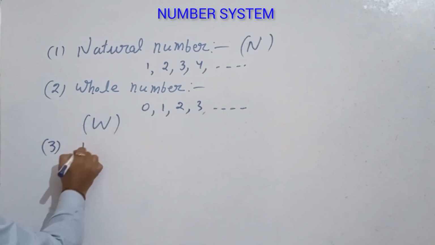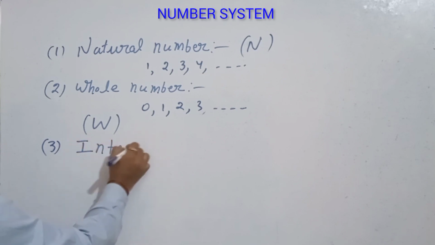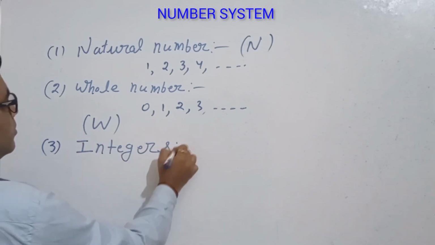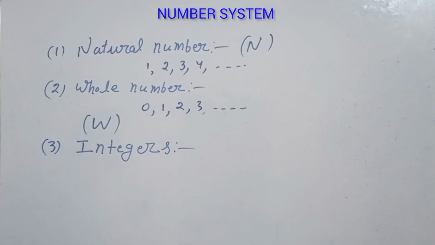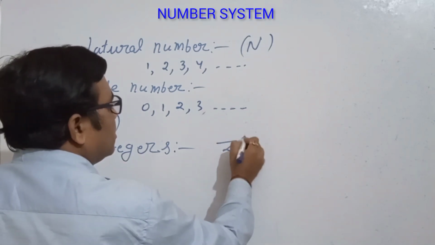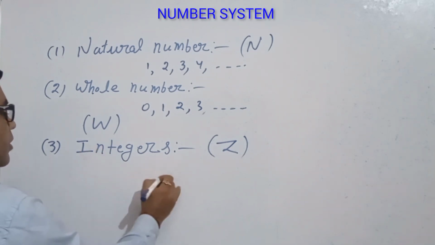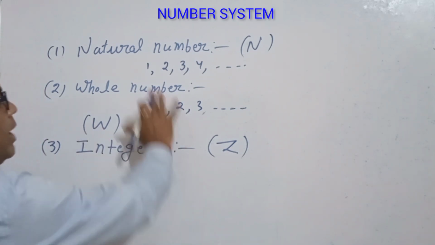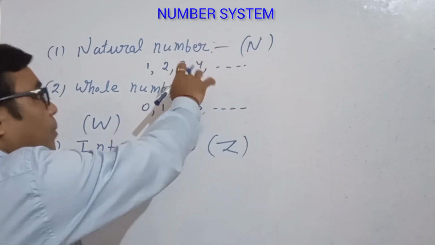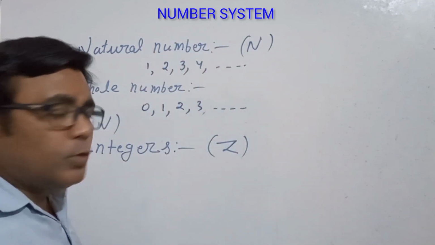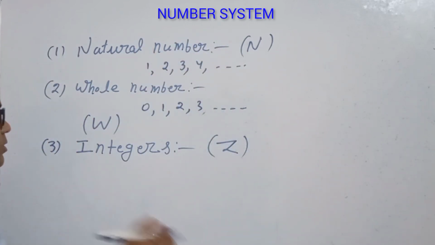Third one is integer. Integers can be denoted by Z, and the numbers are all natural numbers, negative of natural numbers including 0. These are called integers.